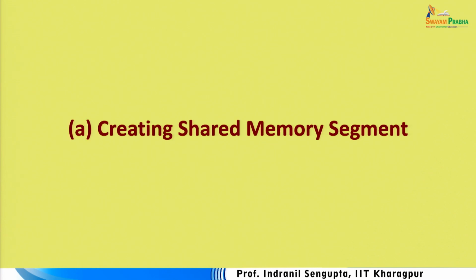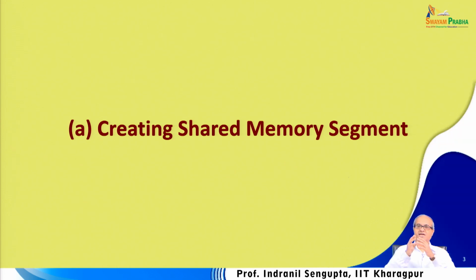We start with something called creating shared memory segments. Now, here what I would like to say is that earlier when we talked about the critical section problem and the mutual exclusion problem, there was a common problem arising there. Two or more processes were trying to concurrently access or update some shared memory location or shared variables.